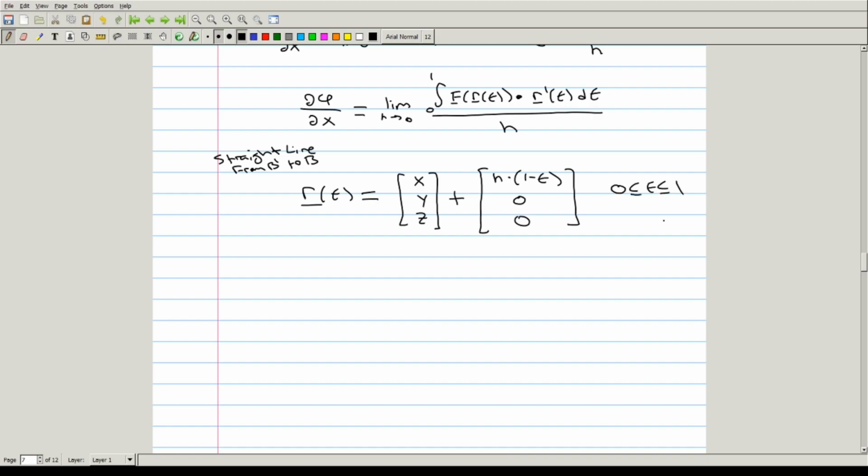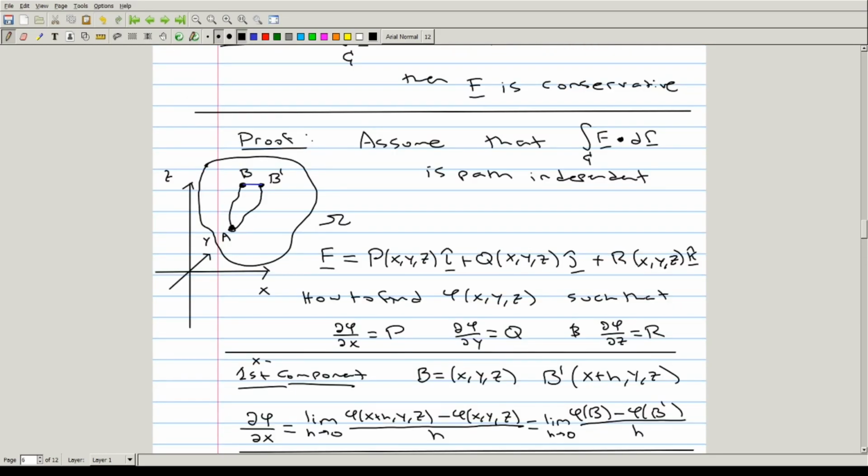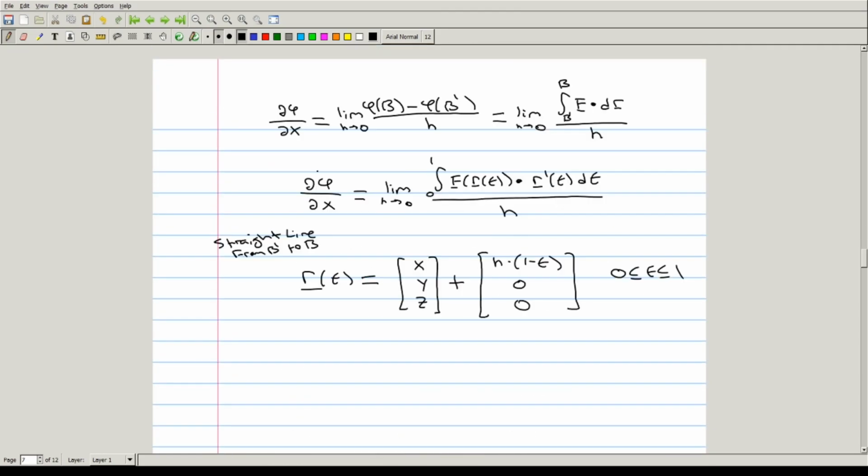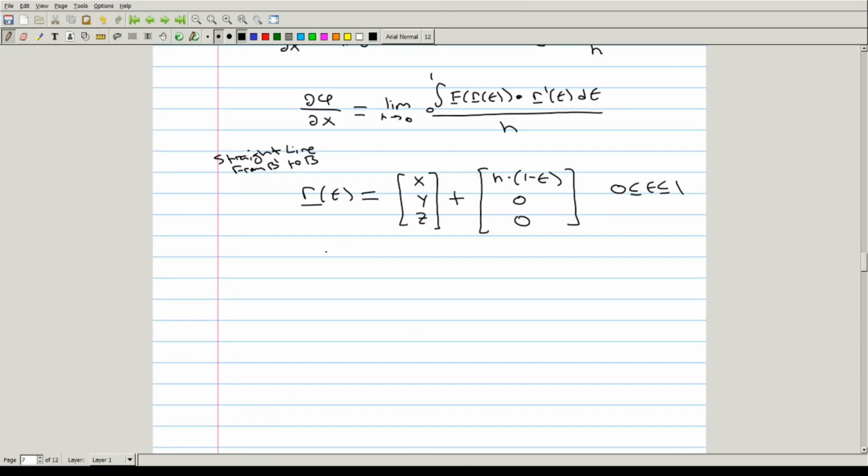And this works because this is exactly giving us all of the points on this line right here from b to b prime. Not only that, but we can calculate the tangent vector to this line, r prime, relatively easily, taking the derivative here, which gives us negative h times 1, 0, 0, or negative h times i hat.